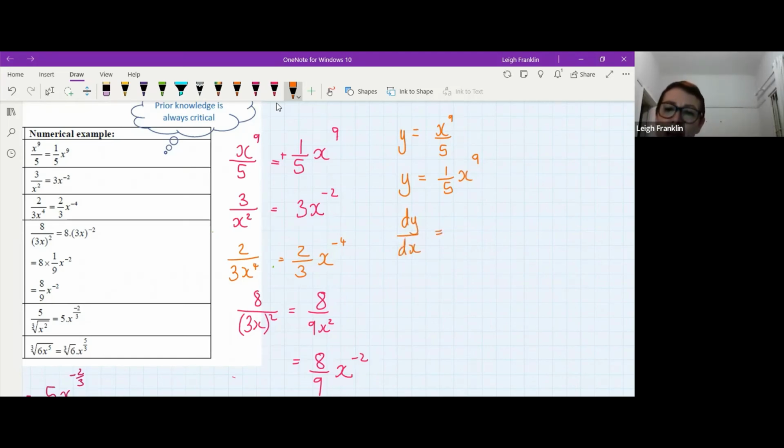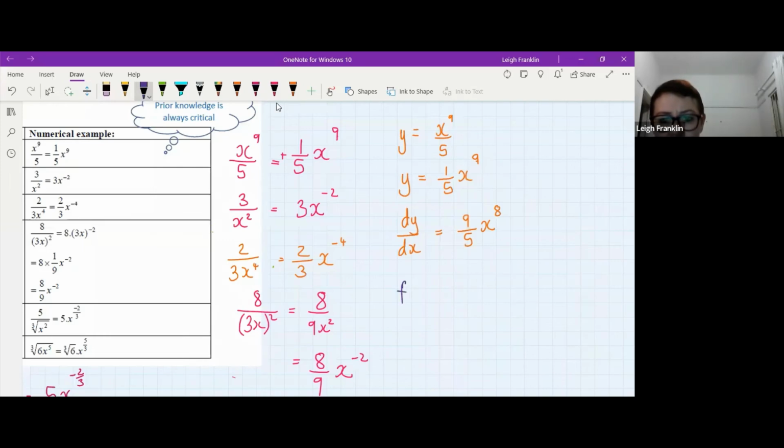And now when I apply my power rule, I'm taking 9 and I'm multiplying it by 1 over 5. So 9 times 1 over 5 is 9 over 5 x. Take 1 away from the exponent. It's going to become 8. Okay, so it's not just the maths, it's how you write the maths as well. Okay, everybody happy with that?